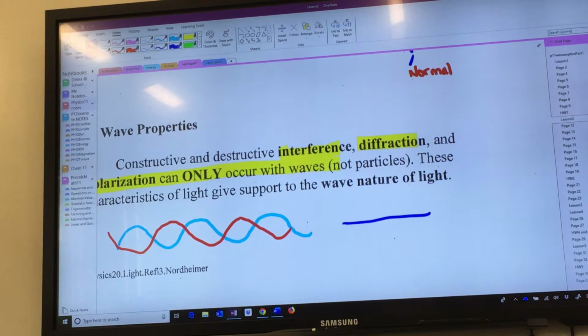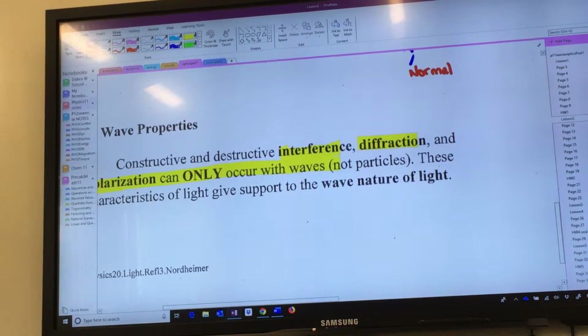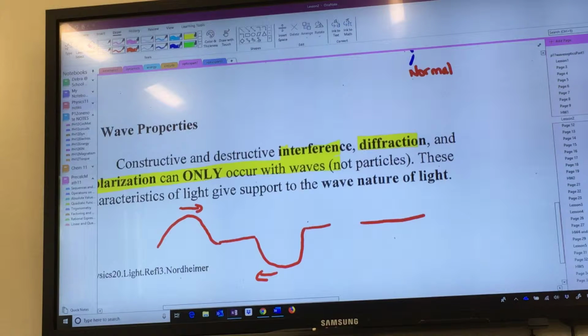So in a simplified version, if I have one pulse like this going this way, and another pulse like this going this way, when they overlap, I might get this. But then they keep on going. Then I have this one at the bottom continuing, and the one at the top continuing. And that's called destructive.